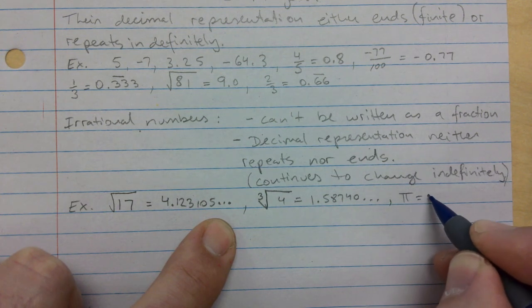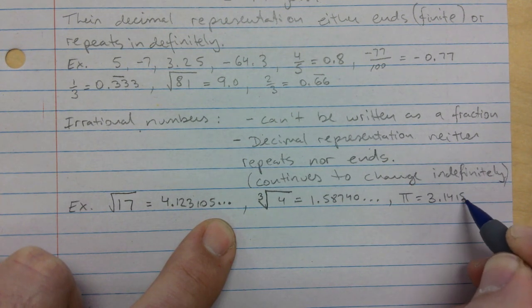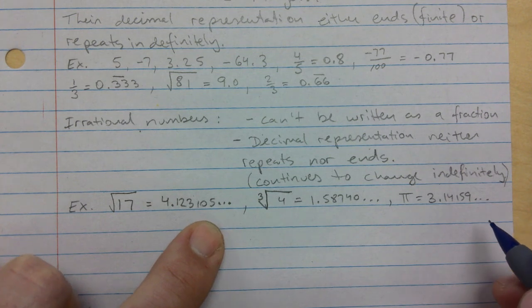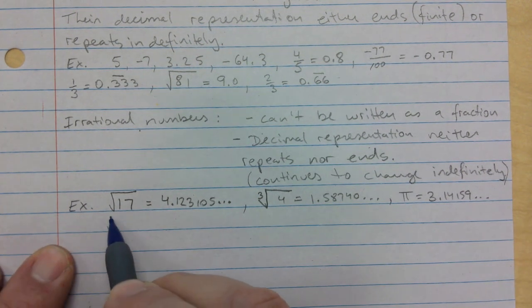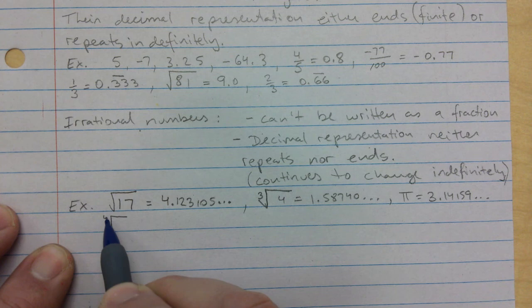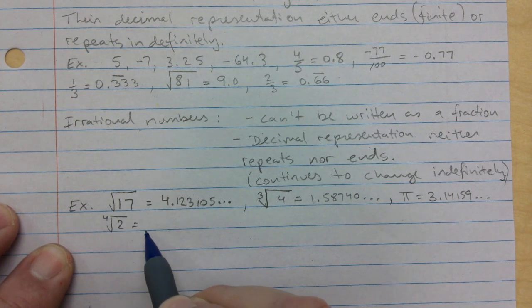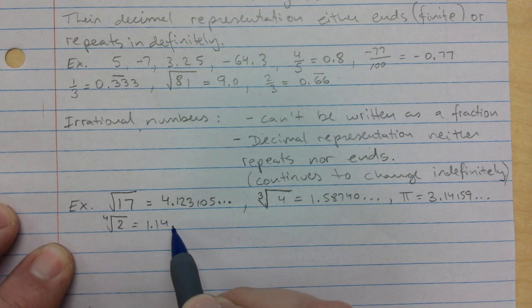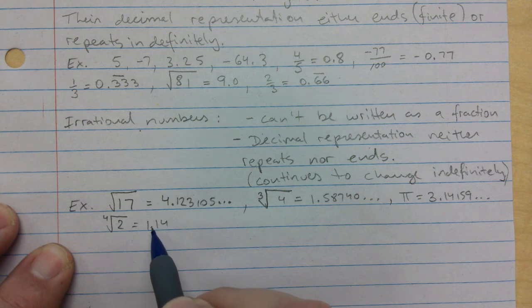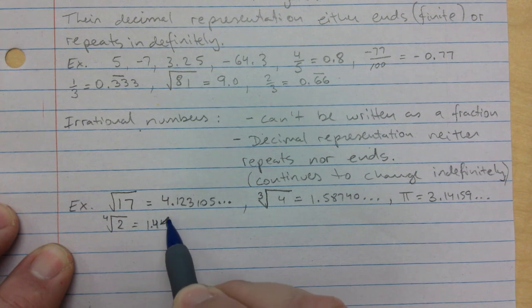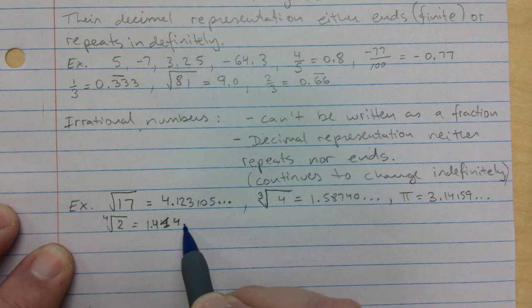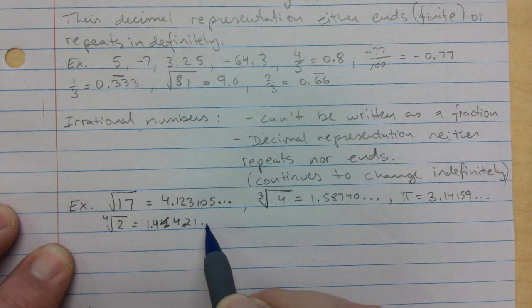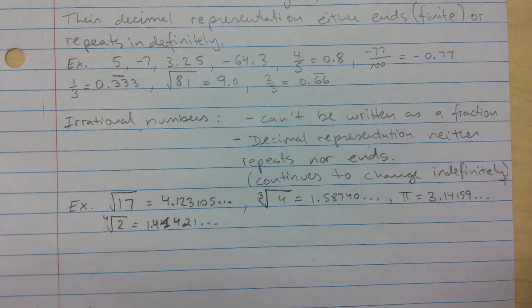Pi, what is pi? That's 3.14159, and that keeps going, right? The fourth root of 2 is 1.41421, and it keeps going, right? So those are all examples.